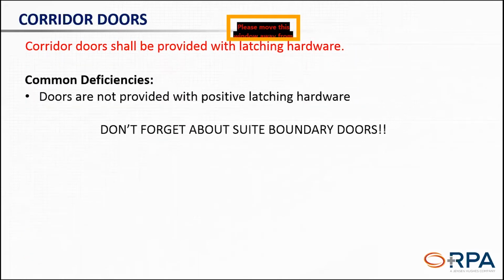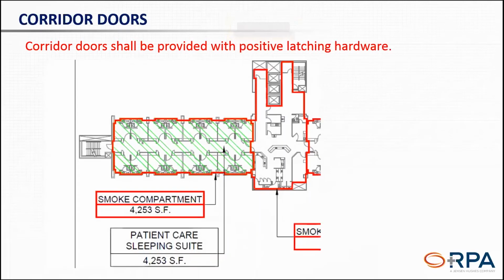Next, doors. We're seeing that corridor doors aren't provided with proper latching hardware. And this is something that has come up very recently and is kind of impacting folks a whole lot. An important part of maintaining your building and the fire protection features in that building is having accurate and current life safety drawings.